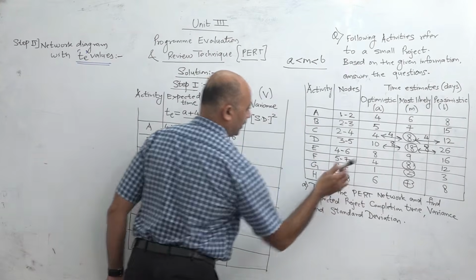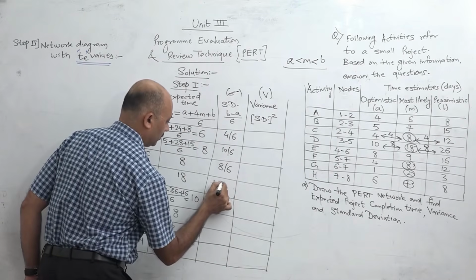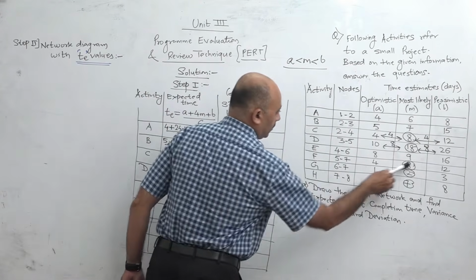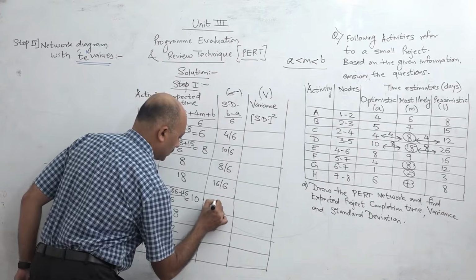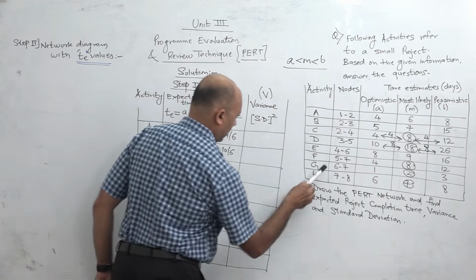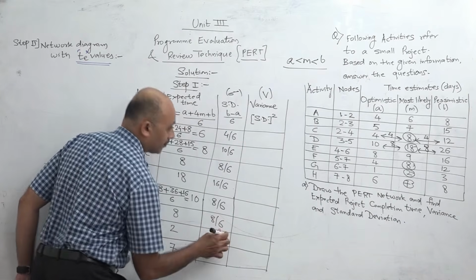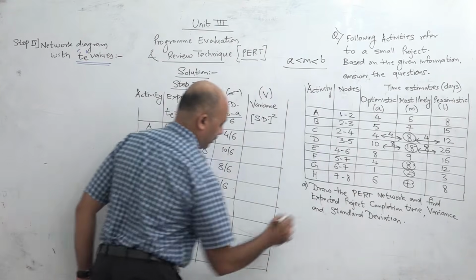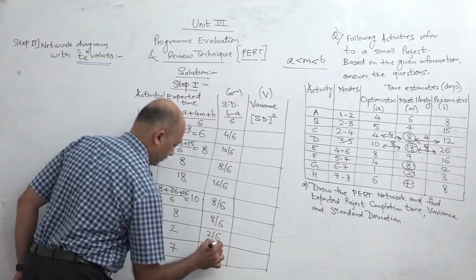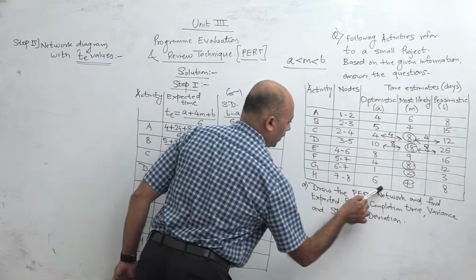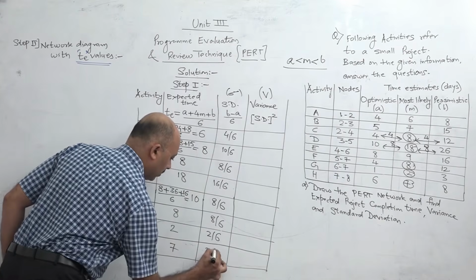D is 26 minus 10, so 16 by 6. E is 16 minus 8, so 8 by 6. F is 12 minus 4, so 8 by 6. G is 3 minus 1, so 2 by 6. And H is 8 minus 6, so 2 by 6.